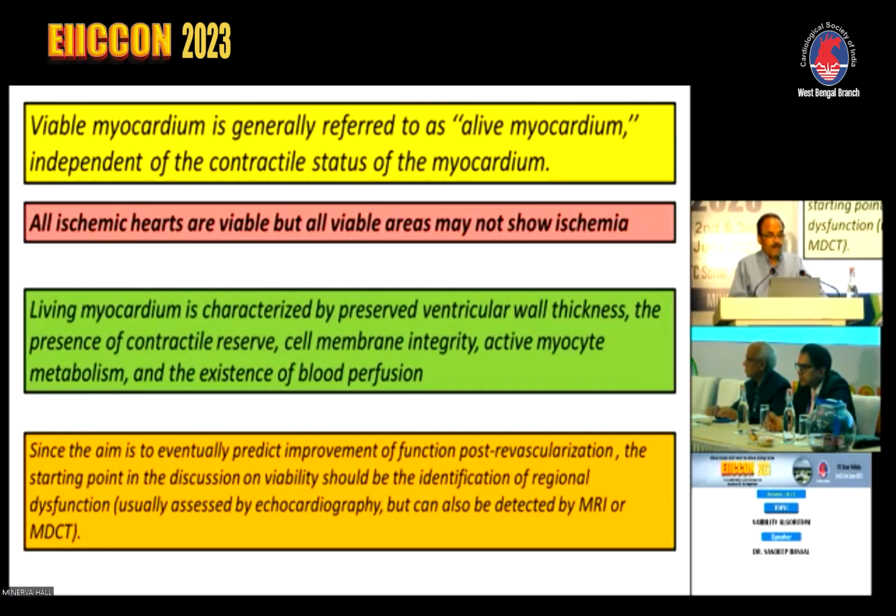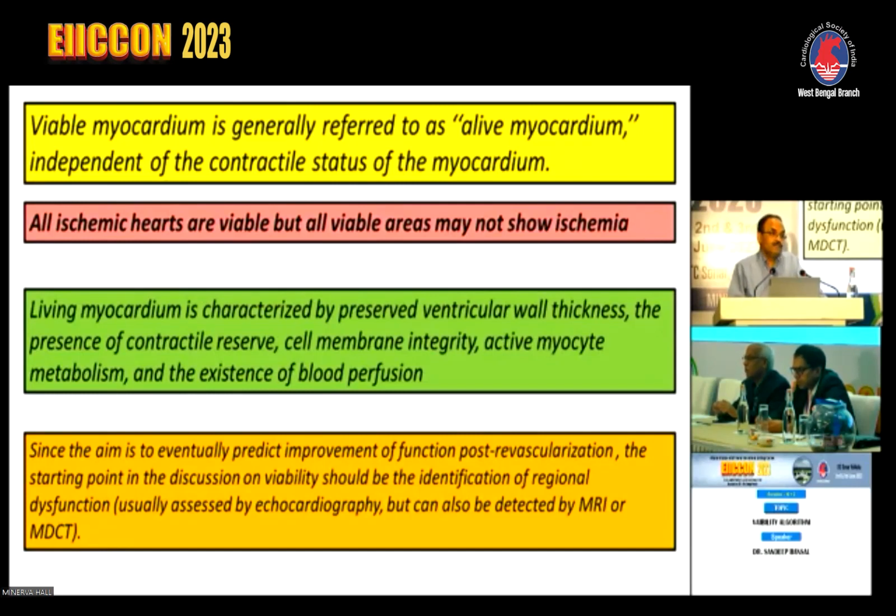It is also important to remember that in order to judge whether the myocardium is alive or not, it has to have some degree of preservation of wall thickness. It has to have a contractile reserve, as we understand, to have cellular membrane integrity and an active metabolism. The substrate changes, but the metabolism has to continue.